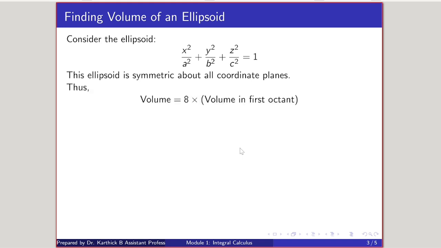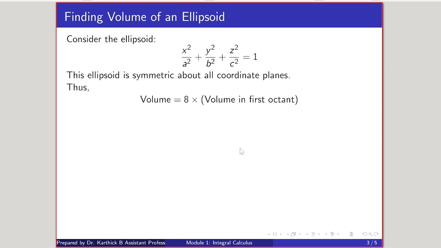So, I'm giving the idea the same as for the sphere. What we do there is split a sphere into 8 equal octants. If I find the volume of the first octant and multiply it by 8, then I will get the volume of the total ellipsoid or sphere. The same thing applies here.